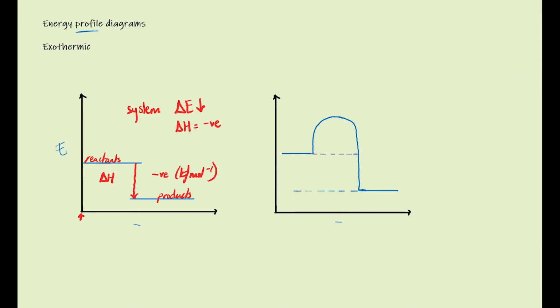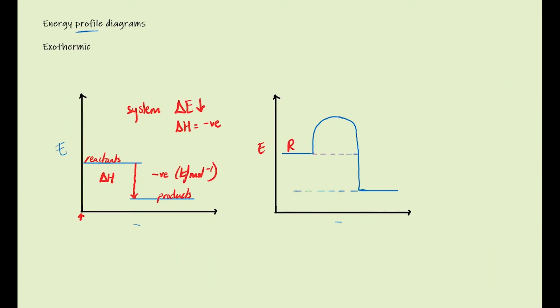Really quite important. Now, on the right-hand side, we've got a similar diagram, but this time we've made it look slightly different. We've inserted this almost peak within the diagram. Now, this gives us a little bit more detail. It's not as limited as the one on the left. But if we look at the dashed lines, just continuing over the top and the bottom, we can see the difference between them.